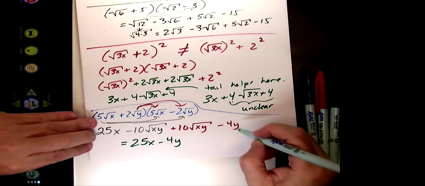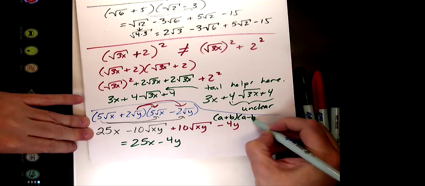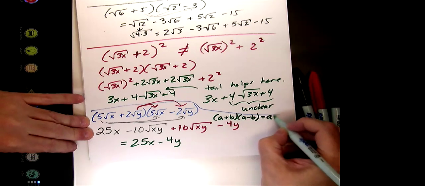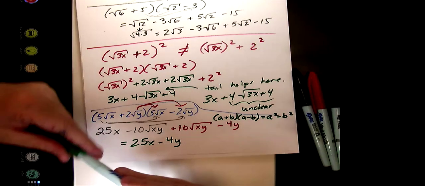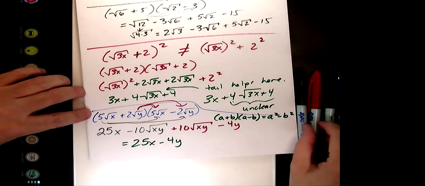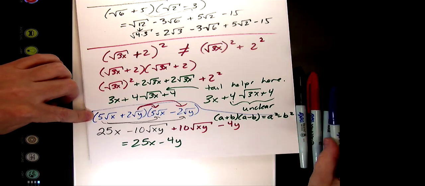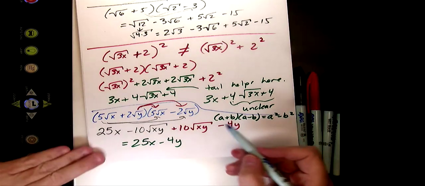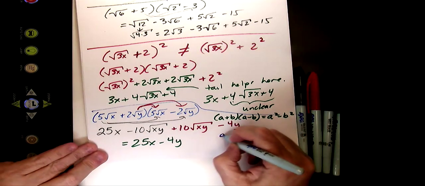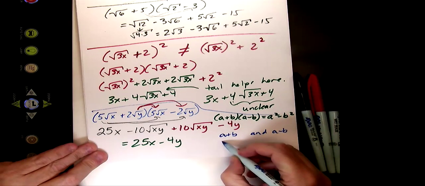This very much started out as an a plus b times a minus b. That's our difference of squares. Notice there were radicals all over this, and now there's none. These two, a plus b and a minus b, are called conjugates.